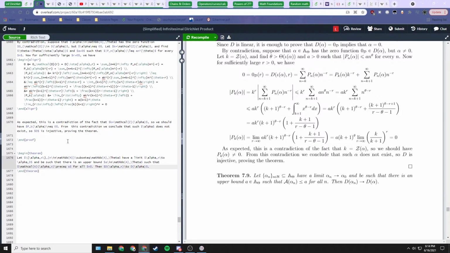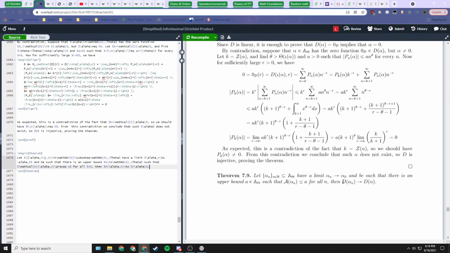Okay, so what we want to say is if we have a sequence tending to a limit, and that sequence is bounded by some constant sequence, A, for all n, then this d alpha n goes to d alpha.